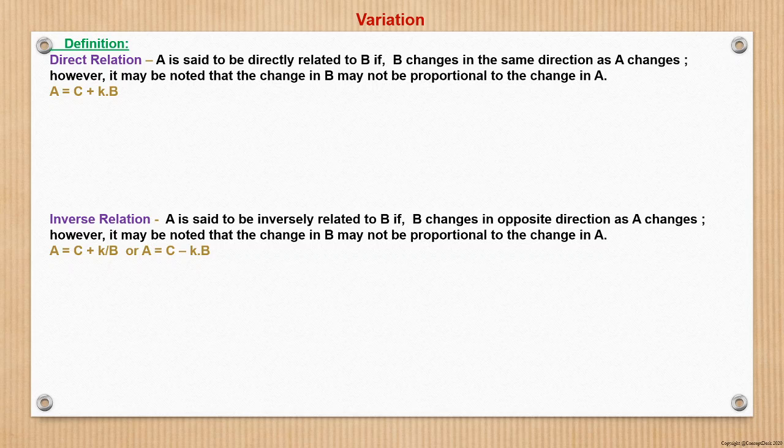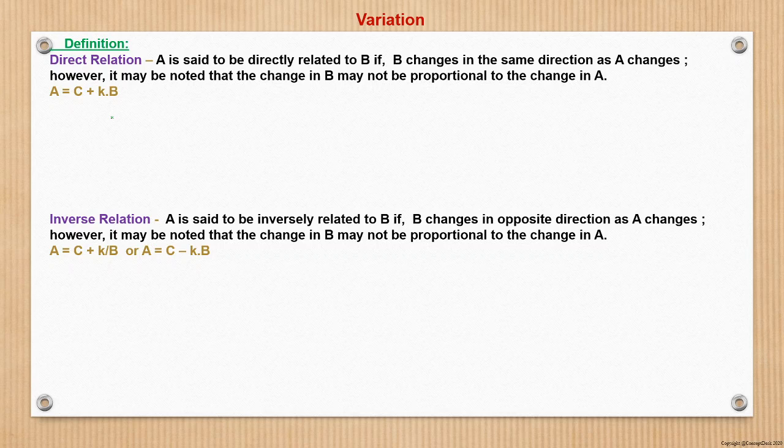Now there's another different concept of direct relation. So far we had seen in variation that if A is directly proportional to B, the percentage change in B will be the same as the percentage change in A. That is a case of direct variation or direct proportion.